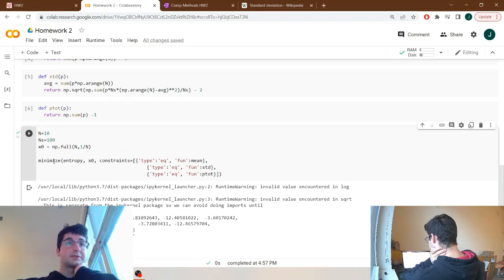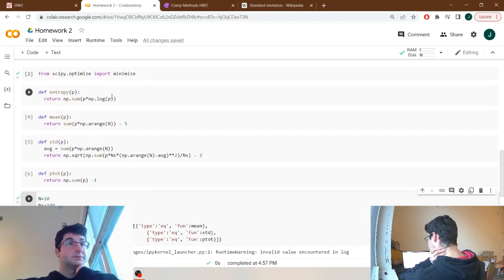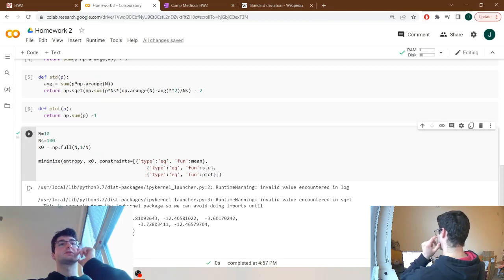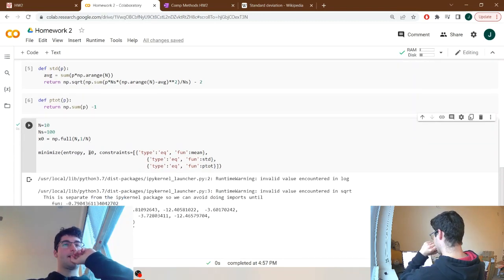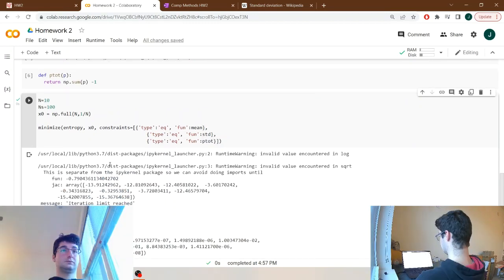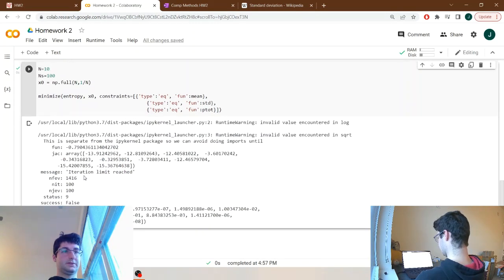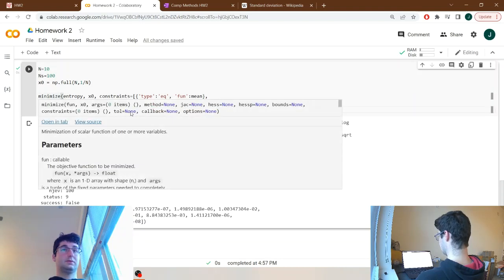So it's not happy with either the log or the square root. Probably because those are too close to 0, huh? Okay, so it's hitting the iteration limit. So can we expand that?